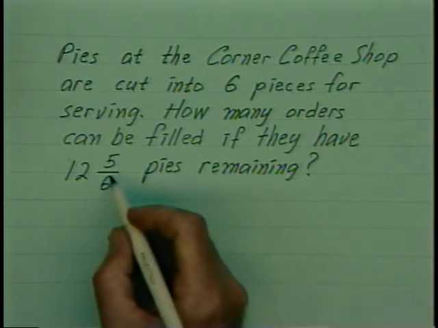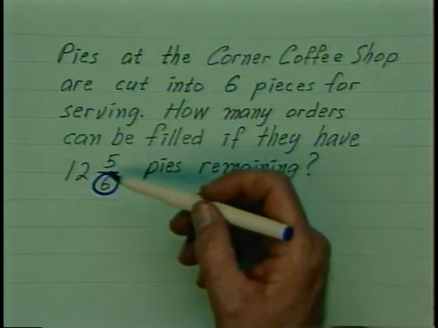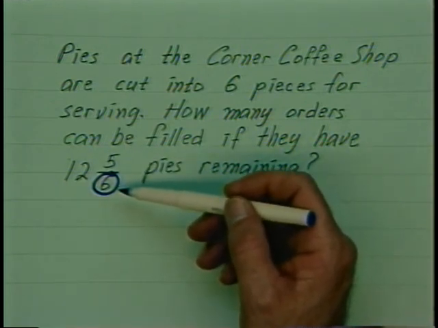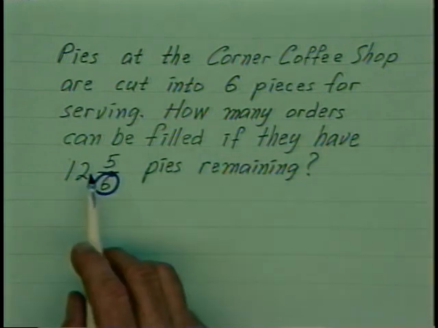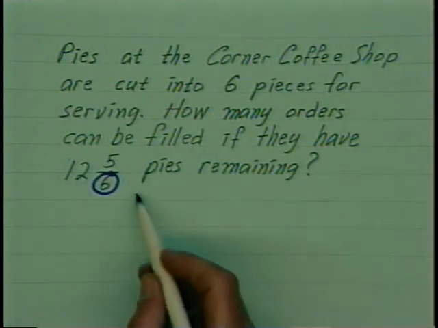Well, this tells me how many pieces are in each pie. This tells me one pie has only 5 of those original 6 left. Then, in addition to that, I have 12 full pies.